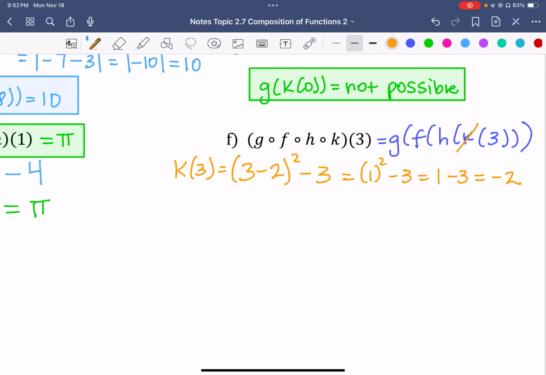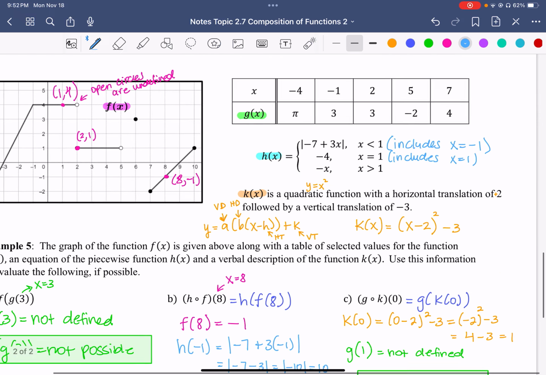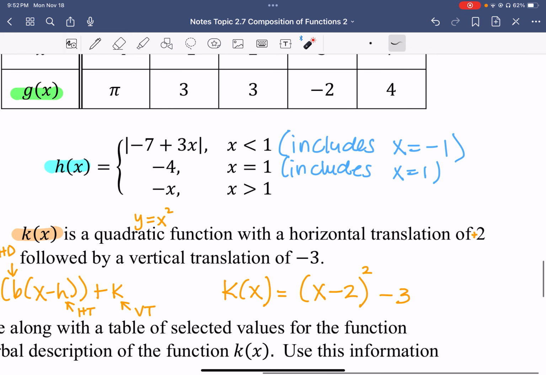Now that I'm done with k, I can move on to h. And h of negative 2, we have to select the correct one. Negative 2 is less than 1. So we're going to use the absolute value again because this one also includes x equals negative 2.